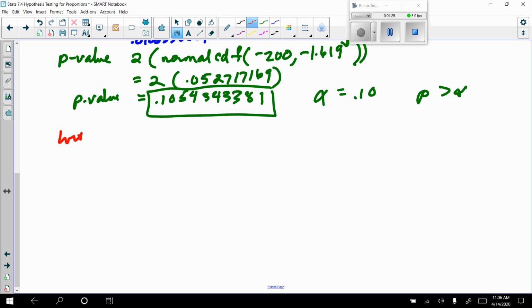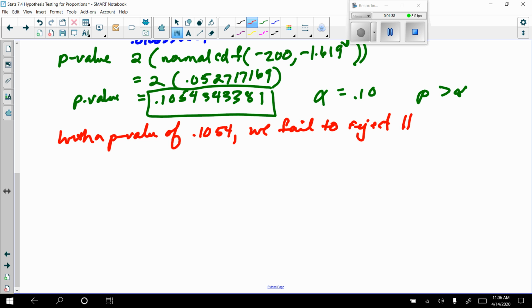So with a p-value of 0.1054, we fail to reject the null hypothesis.